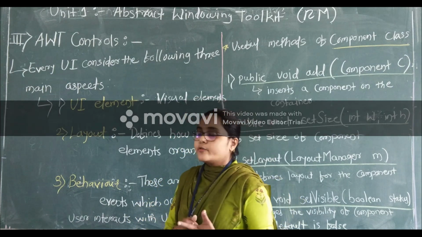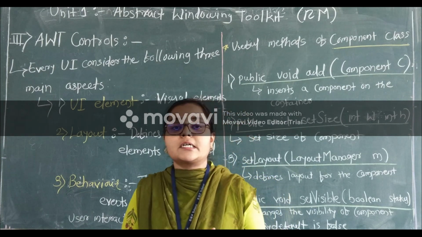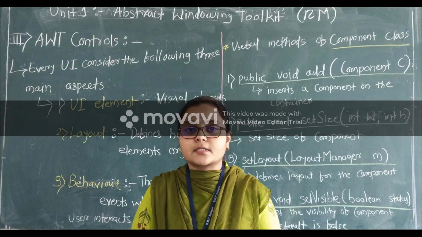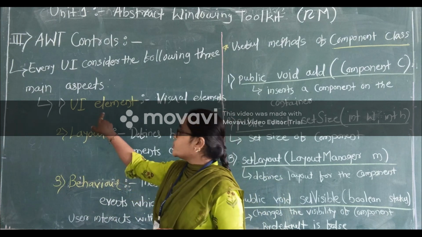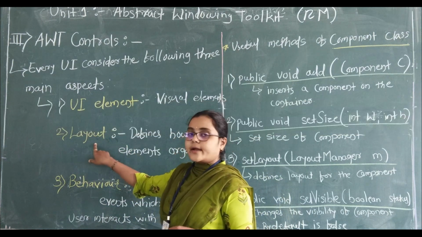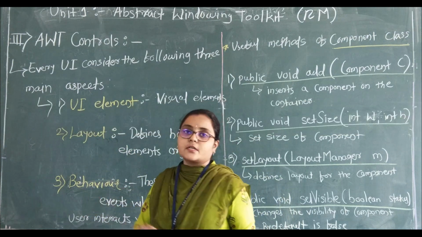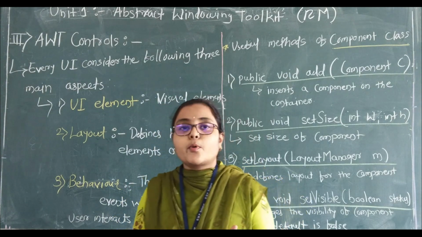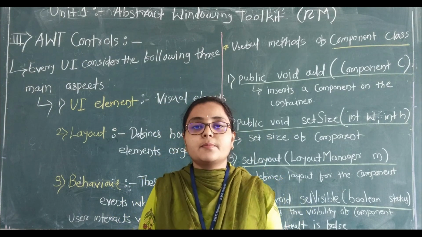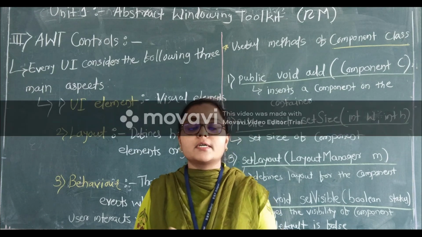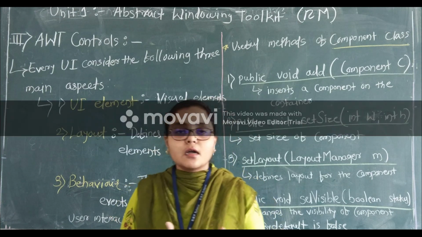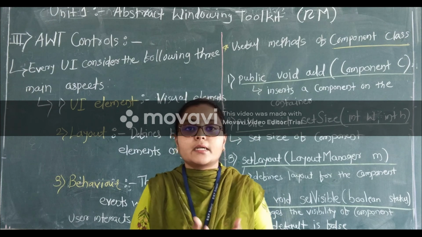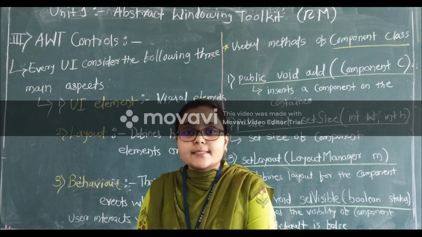First, every user interface considers three aspects. Those are UI elements, layout, and behavior. What do you mean by UI elements? Those components which are visible to the user and the user can interact with. For example, a button, a label.